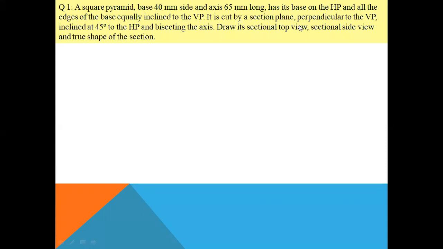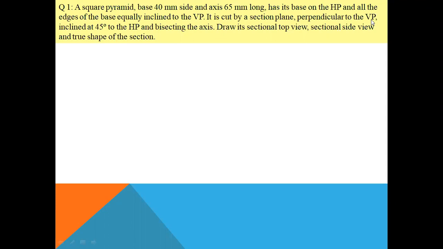It is cut by a section plane perpendicular to VP and inclined at 45 degrees to the horizontal plane. And it is also required to say where exactly the section plane lies. So it's mentioned that it is bisecting the axis.